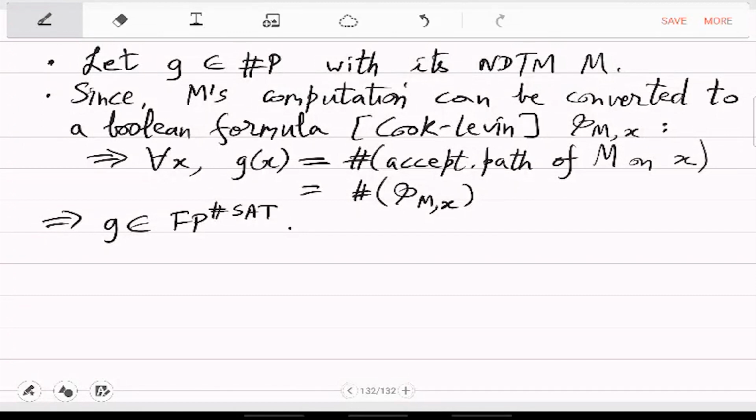So since G was anything in #P, it means that #P as a whole is in FP to the #SAT. And so that's hardness. Right? #SAT is #P hard, and hence it is complete.